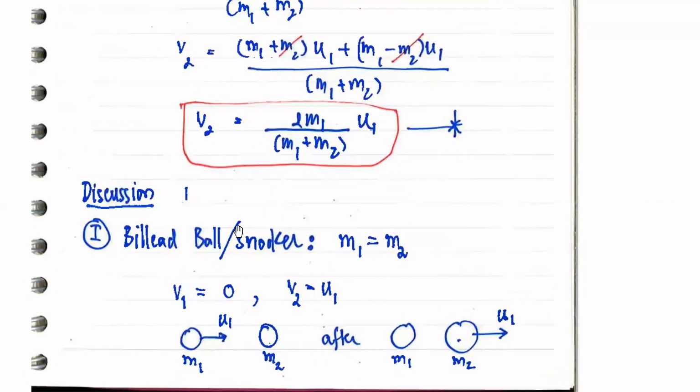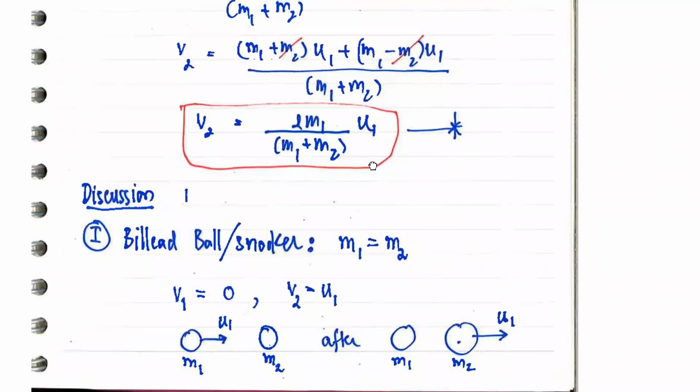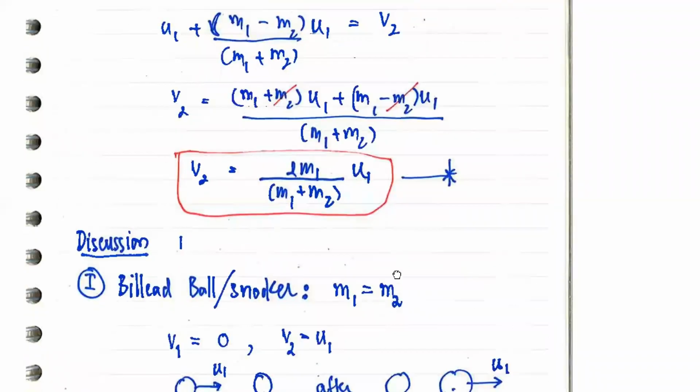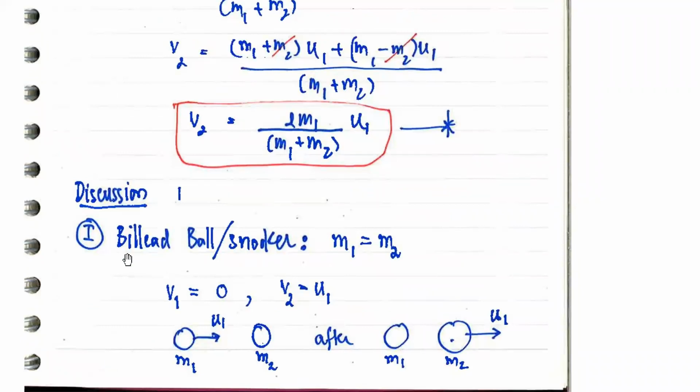So we have three situations. First, when the two objects have the same mass, m1 equal to m2. If m1 equals m2, you see that v1 is 0 and v2 is u1. This happens in billiards and snooker all the time.